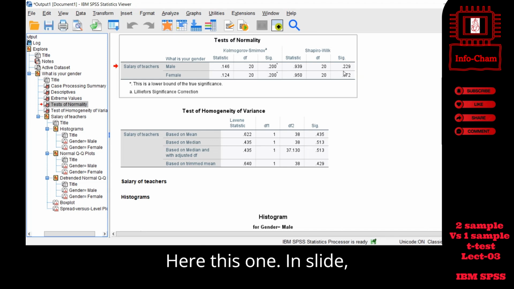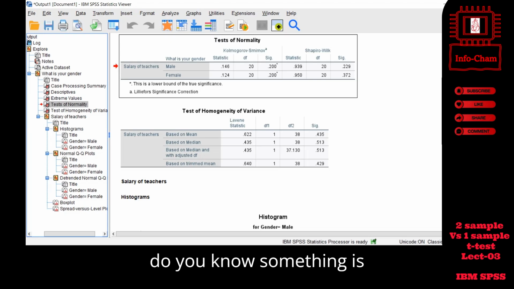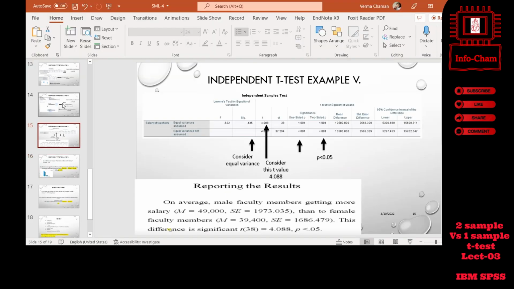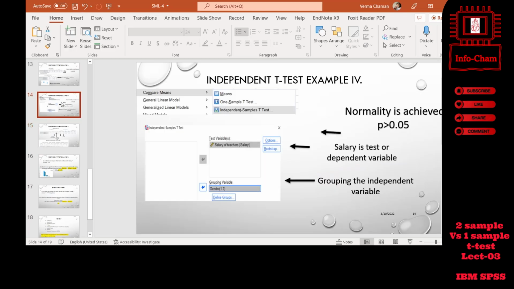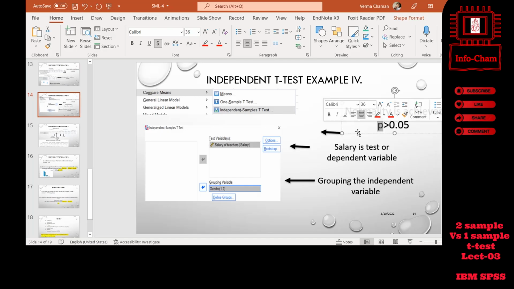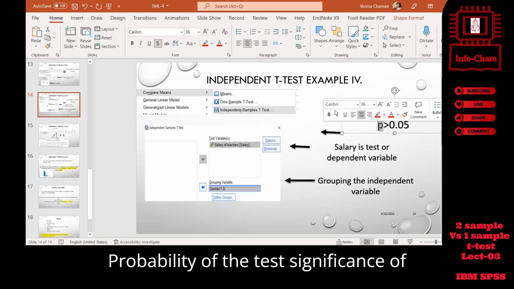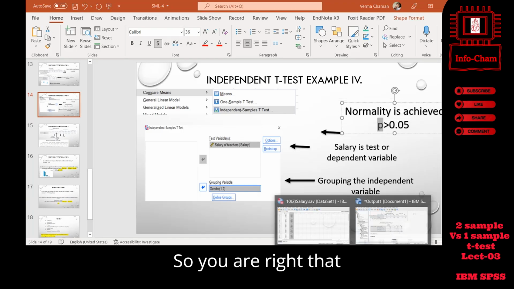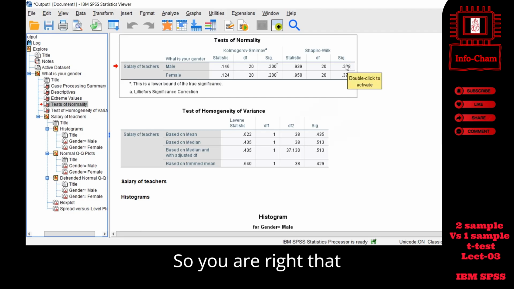Here, this one. In the slide, do you know? P. What is P? Probability of the test, significance of the test, right? So you are right, that is the P value.